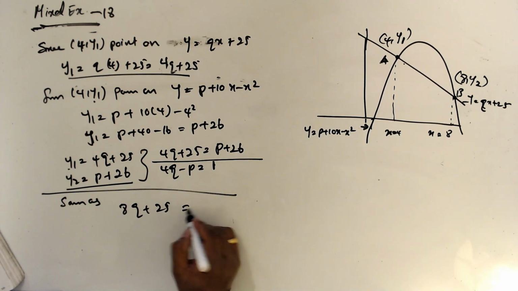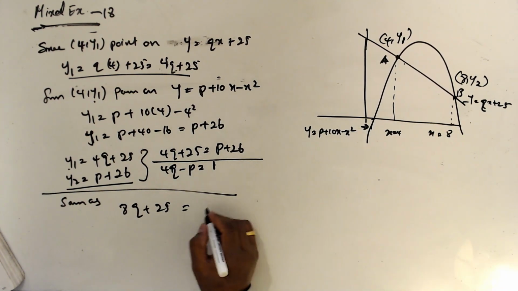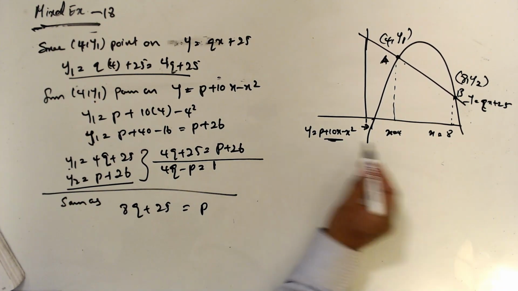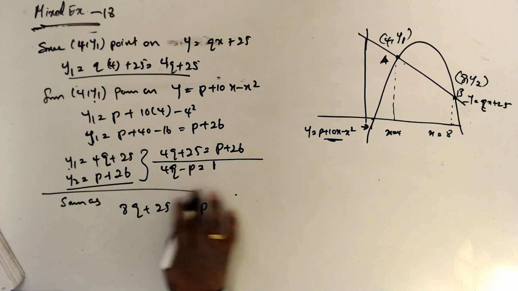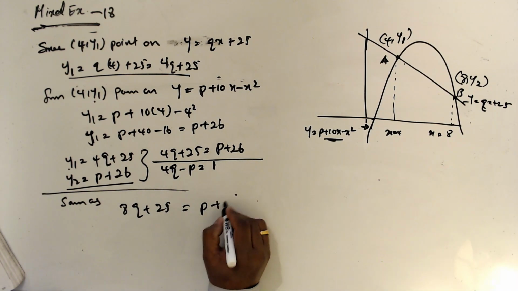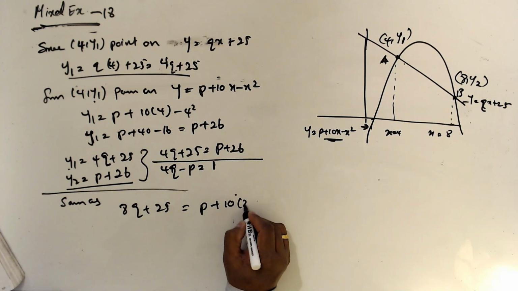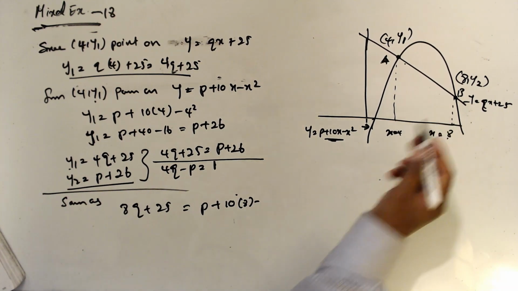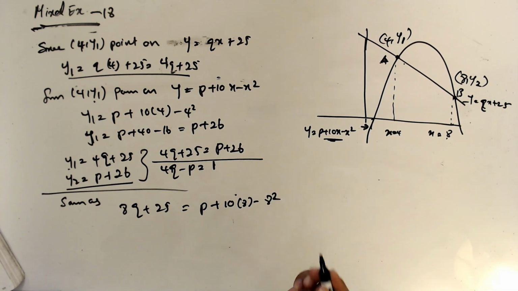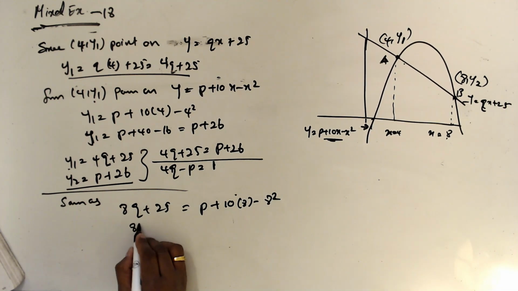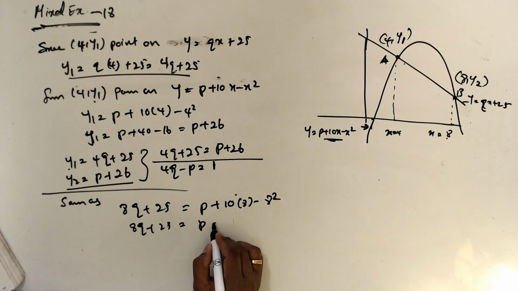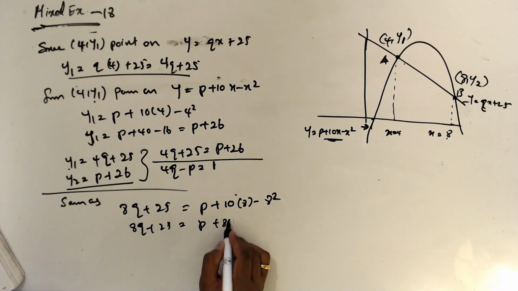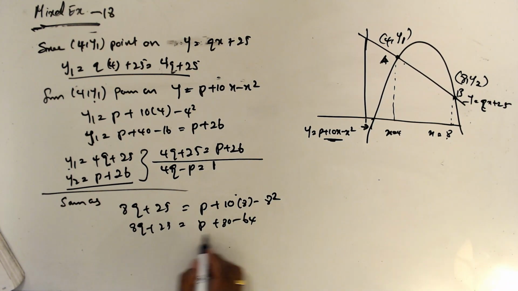And then I will substitute 8 here, in this equation, because this point is also on this line. Hence p plus 10 times 8 minus 8 square. 8q plus 25 equal p plus 80 minus 64.